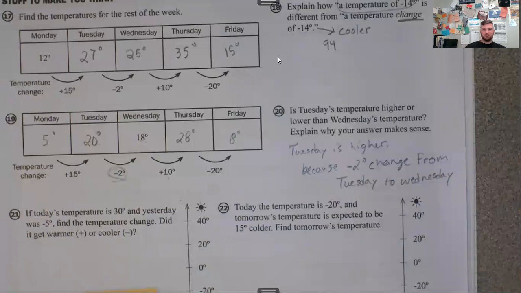Okay, the direction matters. If it was a negative 2 degree change from Wednesday to Tuesday, Tuesday would be lower. So that direction matters.